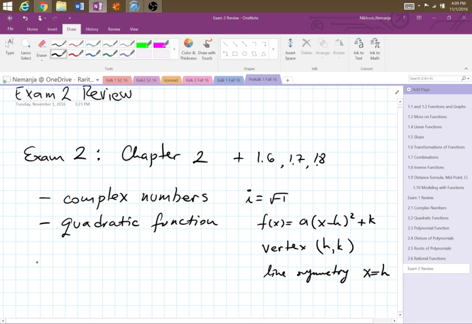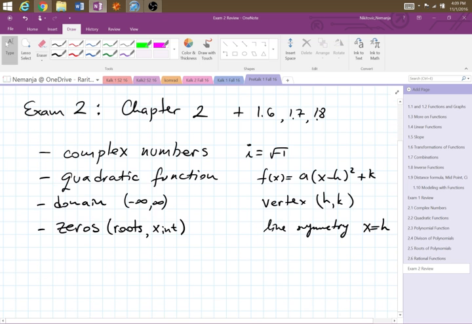What else do we need to focus on? Domain, always from -infinity to infinity for polynomials. We also need to focus on zeros, which are also known as roots, x-intercepts, and so on. Those are all different names for the same concept.